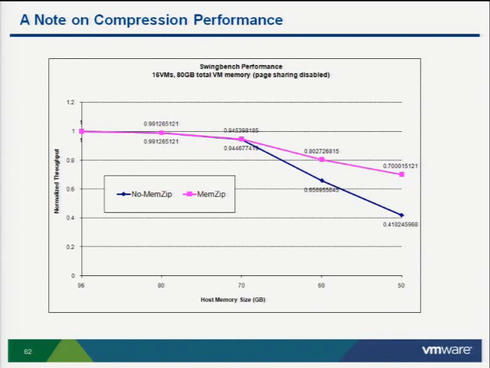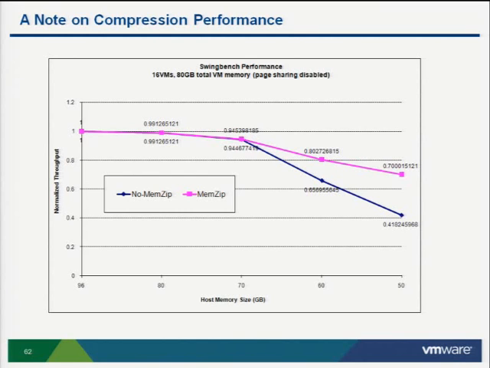So you can see on the x-axis, the host memory size gets smaller while the total amount of VM memory stays constant. There's less overall memory to be used for the VMs. At first, it's not too much of a problem, but eventually you can see that we start hitting the limit of the amount of active memory of the VMs. And with swapping, the blue line, you can see things go downhill pretty quickly.